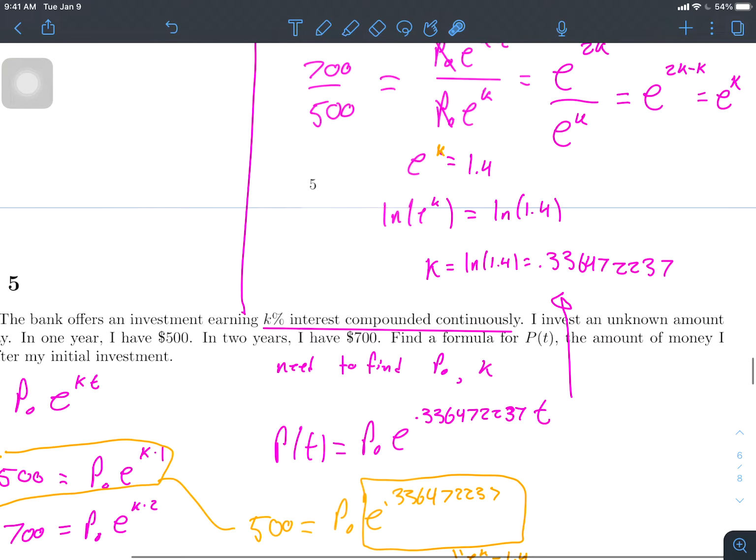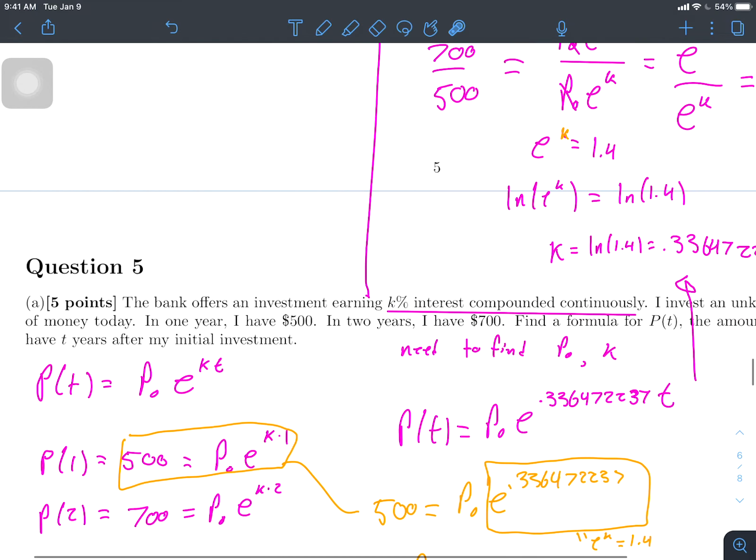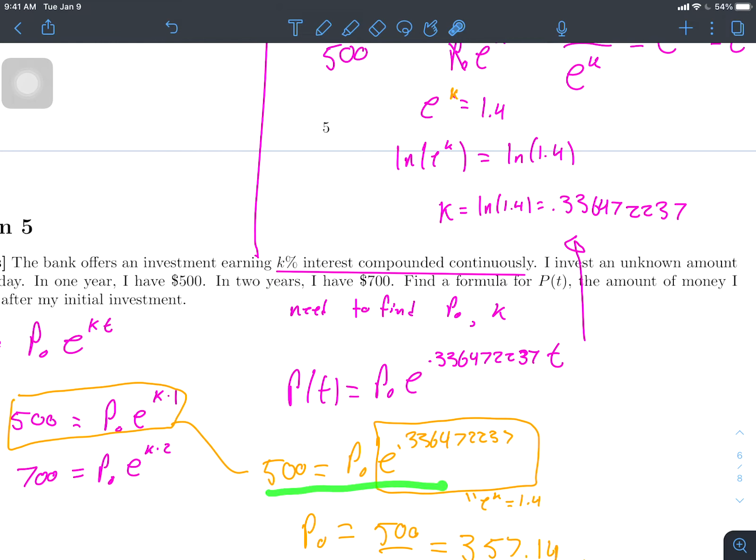So all I'm going to do is, now that I have k, I'm going to substitute it back into one of these two equations. I chose this one because if I do it this way, I don't have to multiply k by 2, I guess. So I got 500 equals p naught times e to the 0.3364722237.